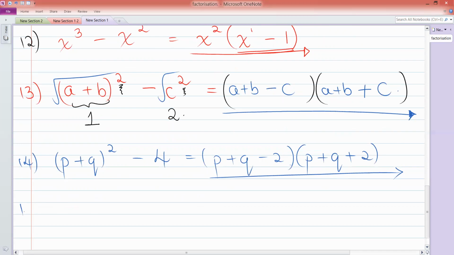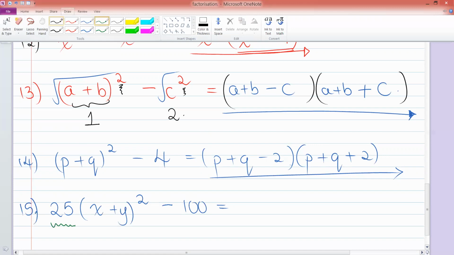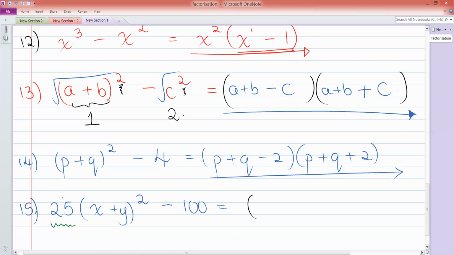Okay, now, I'm making them harder. Now let's look at this one. Now I've got 25 there. Then I've got x plus y, squared. Then I have minus 100. Oh my goodness. Okay. Do we have a difference of 2 squares? We always look and see, let's look at the coefficient. The number 25, is that a perfect square? Yes, it is. So that means I can find the square root of the 25 here.